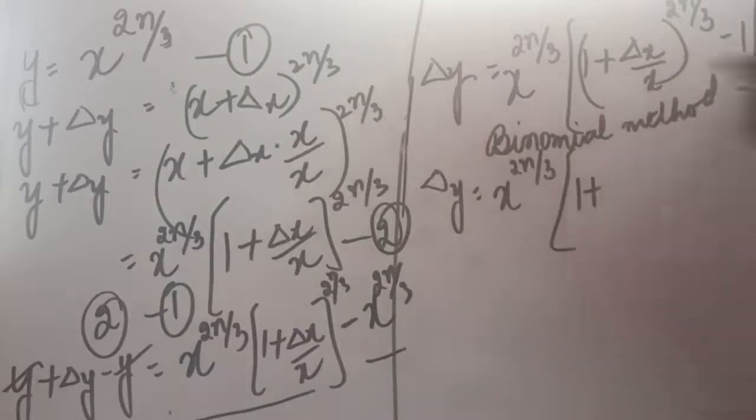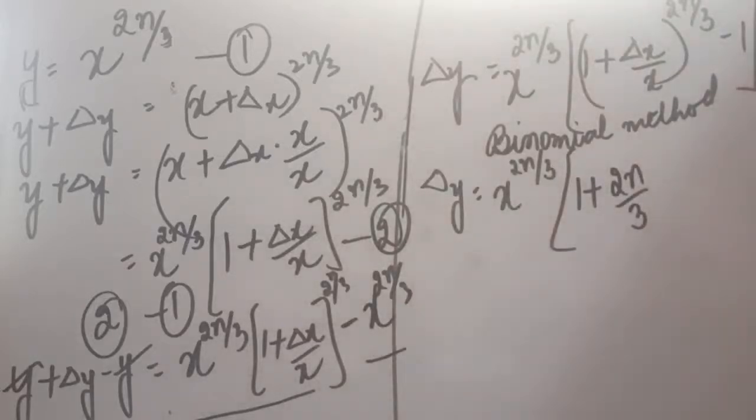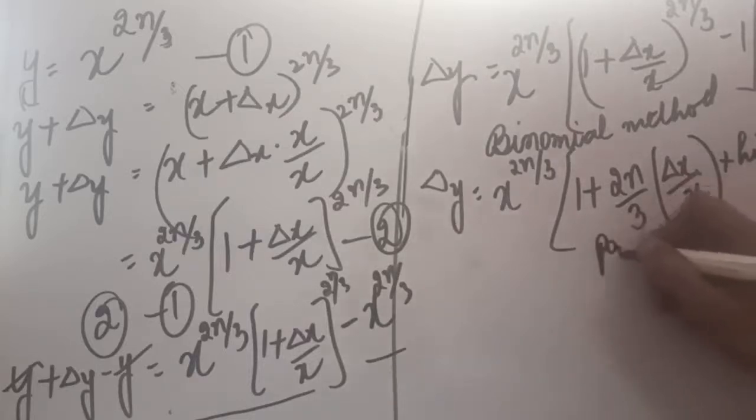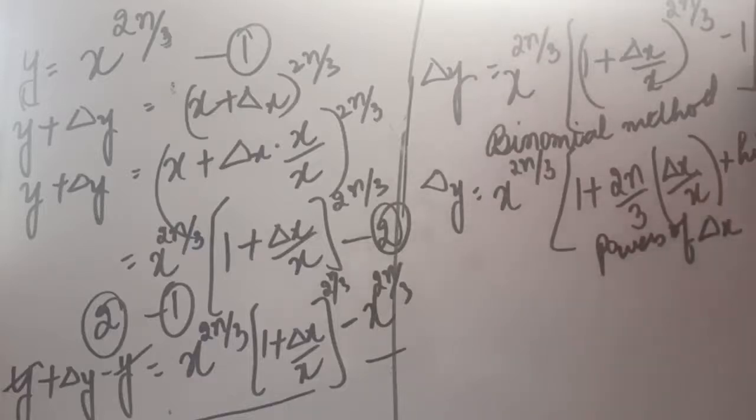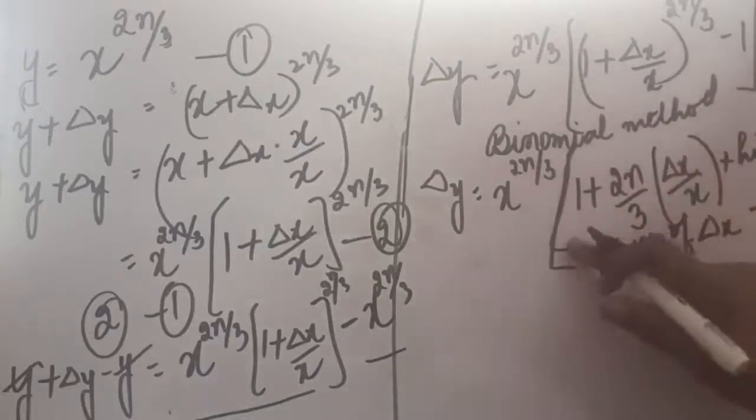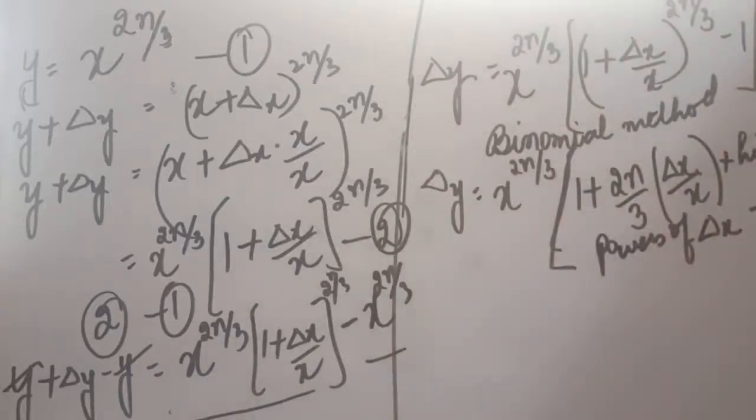This 1 will also be the same, 1 plus this power will come further, 2n divided by 3, and this delta x upon x will be at its own place, plus we will write higher powers of delta x. You have to write this as it is in every question, and in the last minus 1 will be at its own place. This is how we have done in the previous questions also.